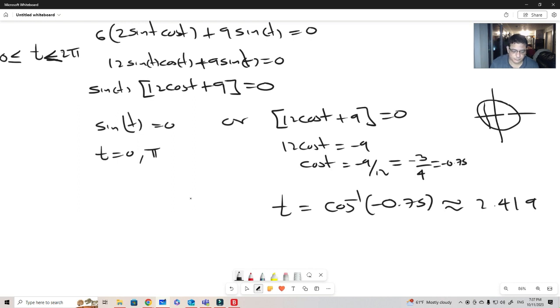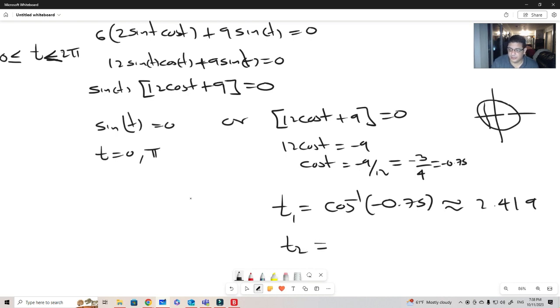Okay. And you probably need to get the reference angle here, which you can get directly by subtracting pi minus 2.419. So you do 3.14 minus 2.41. That will give you your reference angle, and then you can get the second one.